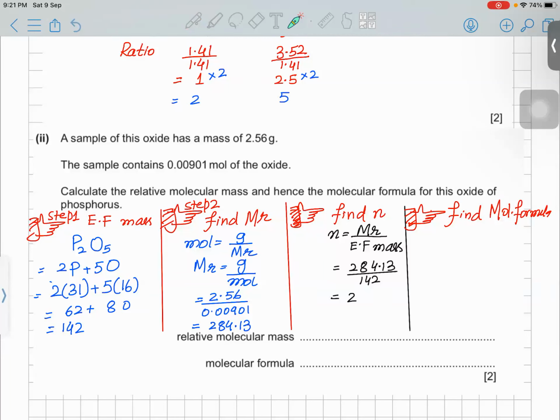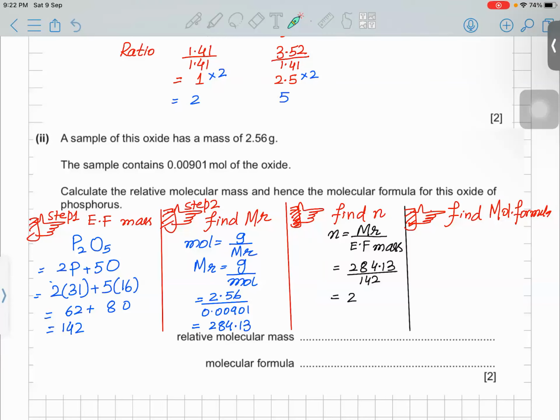MR means relative molecular mass, right? Then what is AR? AR is relative atomic mass. Whenever you have a molecule, you have molecular mass, relative molecular mass. When you have an atom, you have atomic mass.